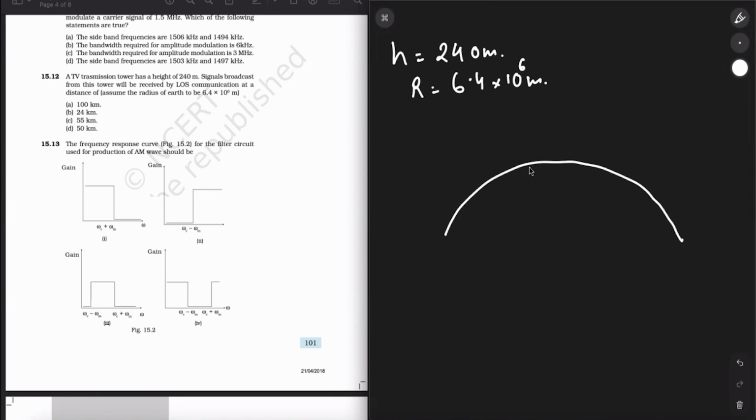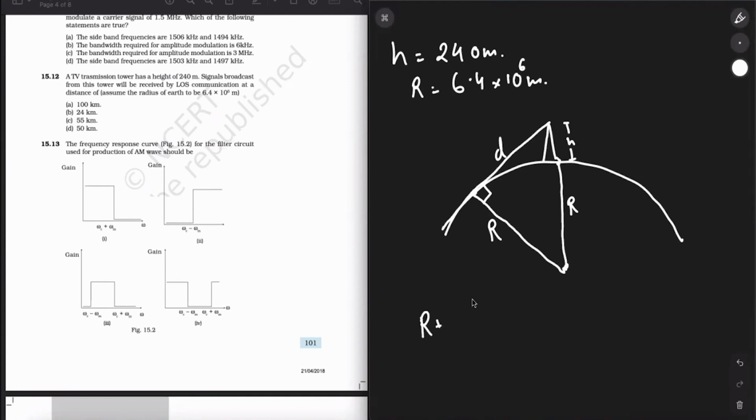Suppose that the antenna is over here. The height of this antenna is h. From this point to the center, the radius is r. You want to send the signal up to this point. This will be perpendicular, this will also be r, and this is the distance d.